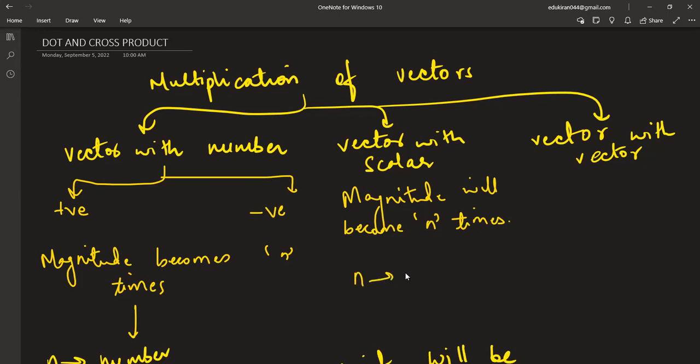N is a scalar number. These are the two cases we have been discussing. See, this is nothing new. Whenever we have been multiplying till now, we have just multiplied the way simple multiplication works.